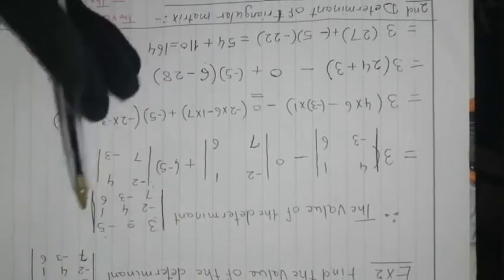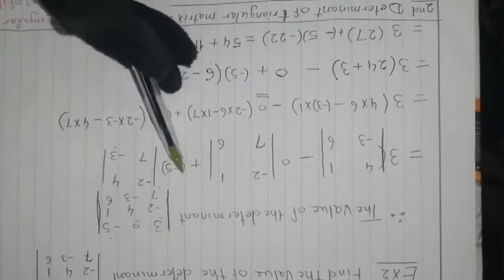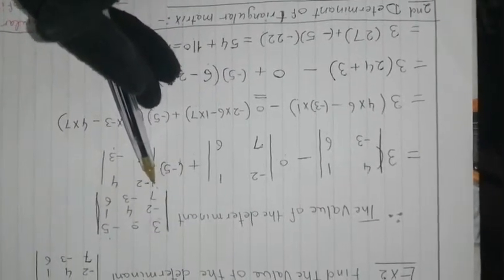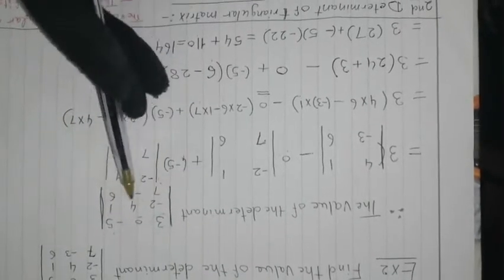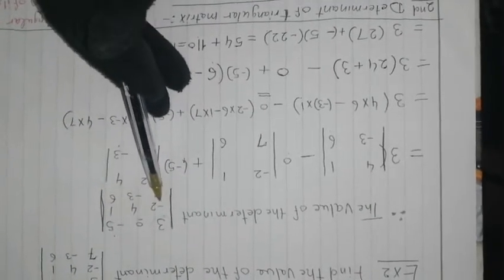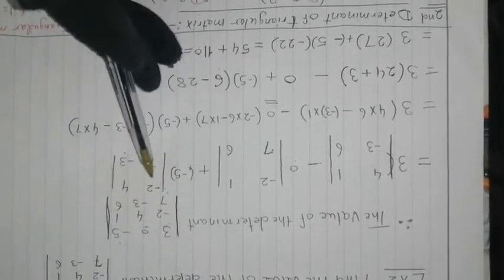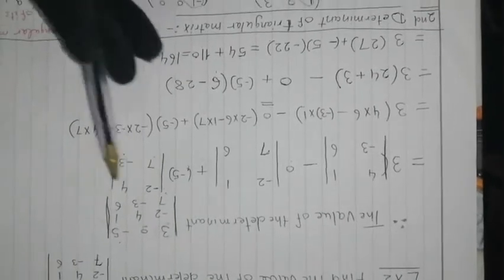Plus the third element -5, -5 times the minor determinant. What is the minor determinant? -2, 4, 7, -3.